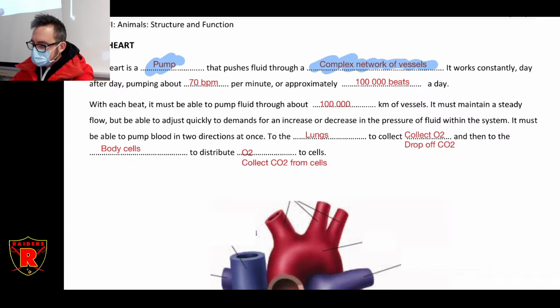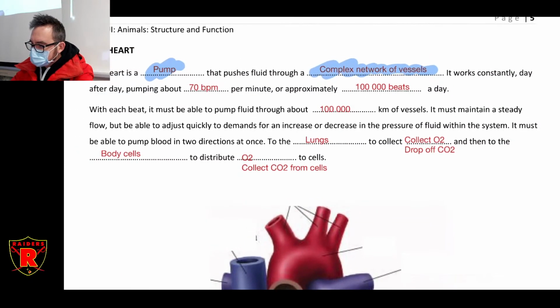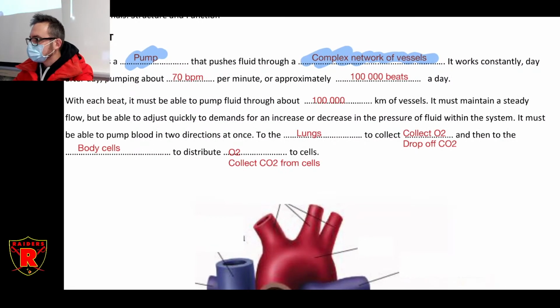And I promise this is just coincidence, but the actual length of the vessels, if you were to take every capillary and lay everything end to end, it's about 100,000 kilometers of vessels in your body, which is a lot. There's a lot of vessels. If you think about how small your cells are, and you have to have a capillary running every 4 cells, basically, yeah, that's going to be a lot of vessels. So it's quite a system.